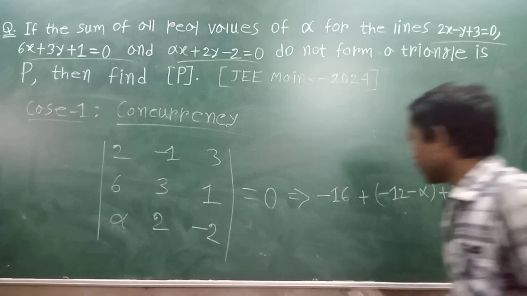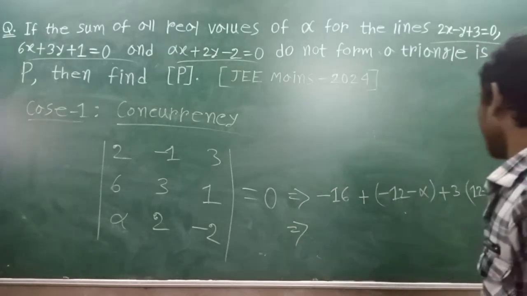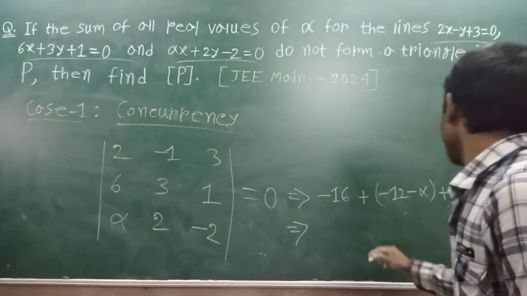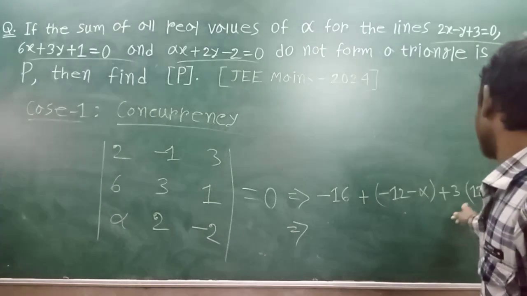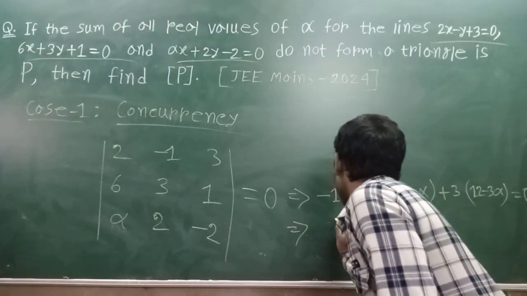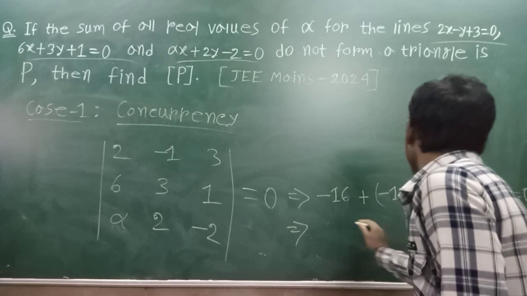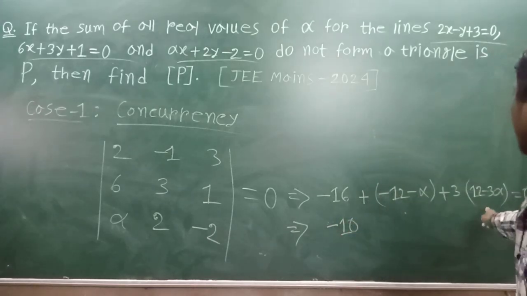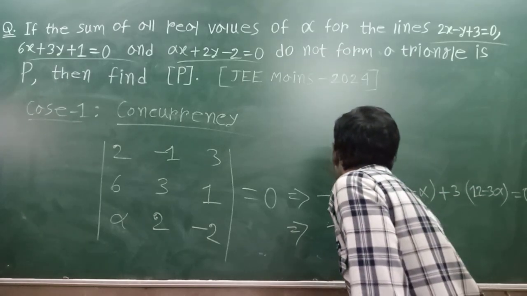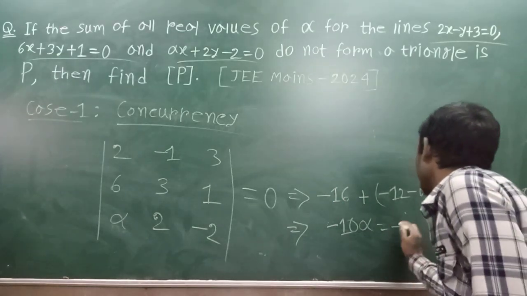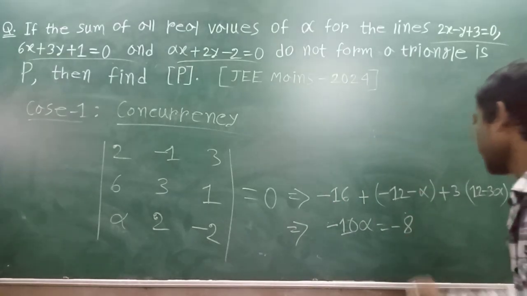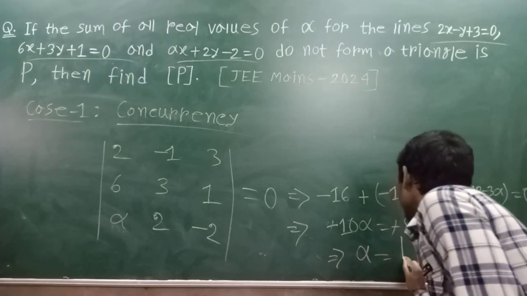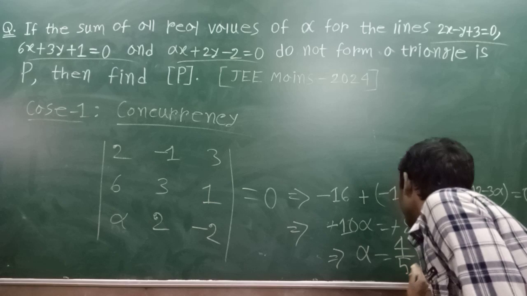Okay, so from here, if we simplify, we get minus 28 and this is 36. So we get minus 10 alpha, minus alpha, minus 9 alpha. So minus 10 alpha is equal to minus 8. Okay, so it implies alpha is equal to 4 by 5.